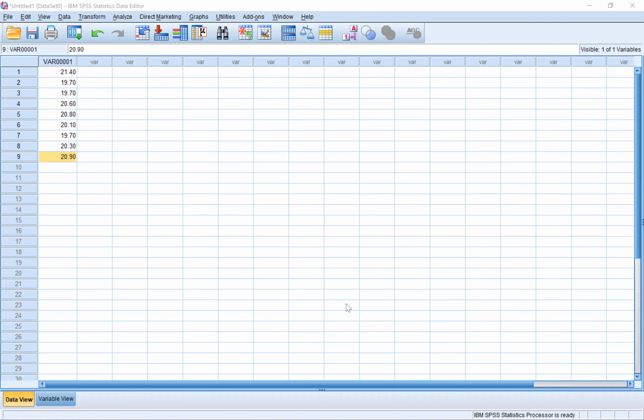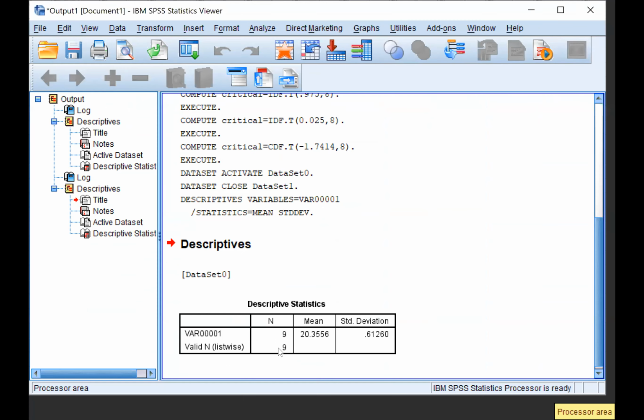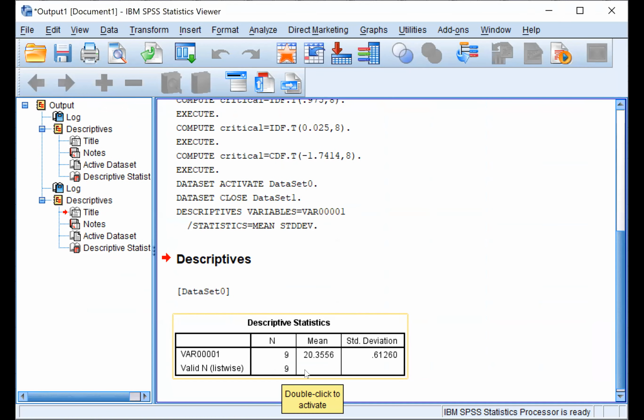So when I do that, I find that the mean is, let me show you on the screen, this is what I found: the mean is 20.3556 and the standard deviation is 0.6126.